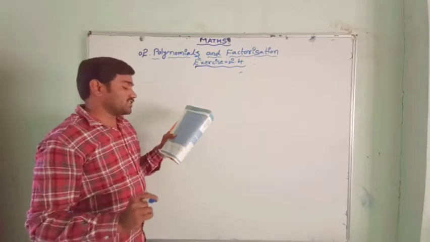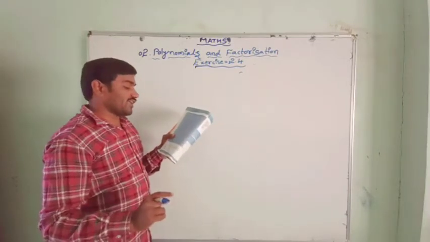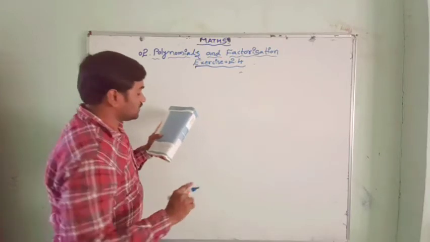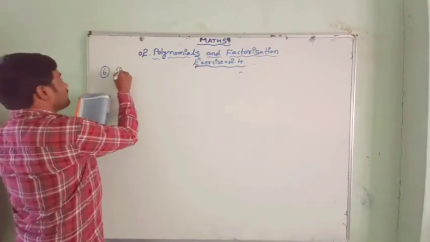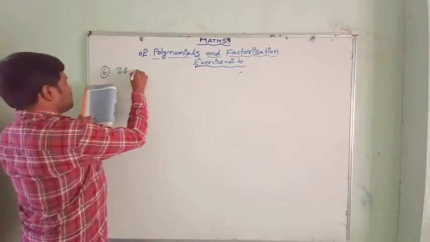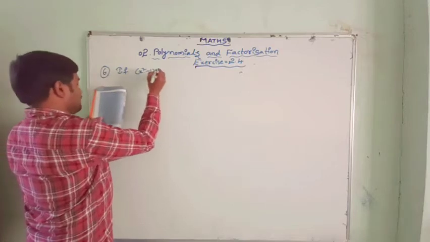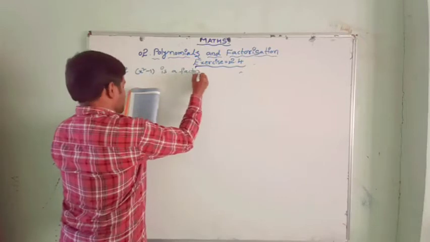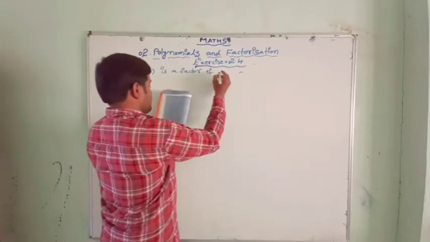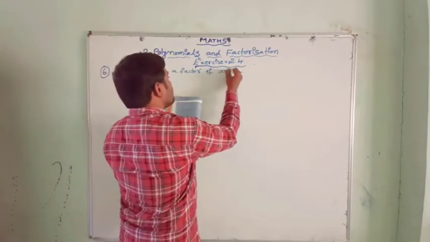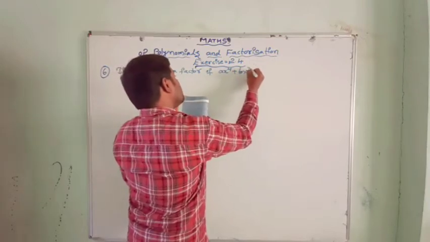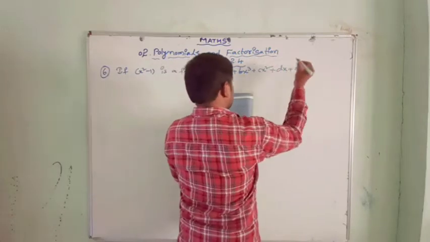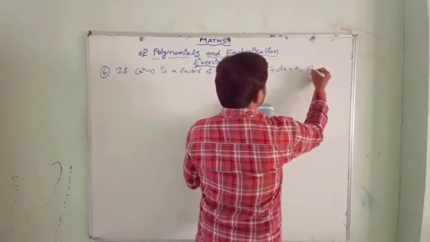If x square minus 1 is a factor of ax to the power of 4 plus bx cube plus cx square plus dx plus e, then show that.